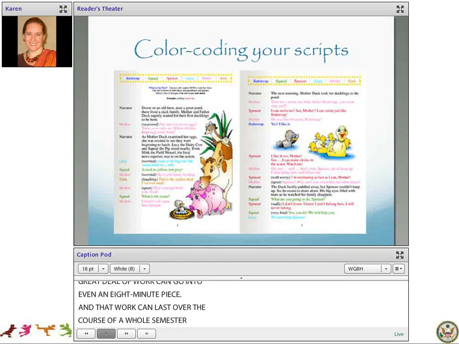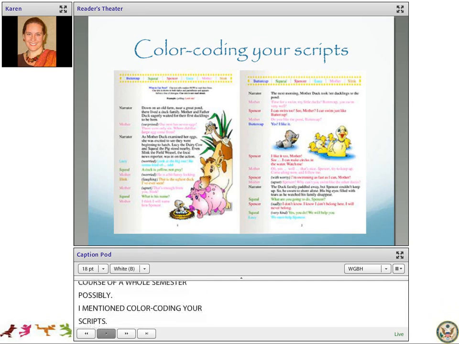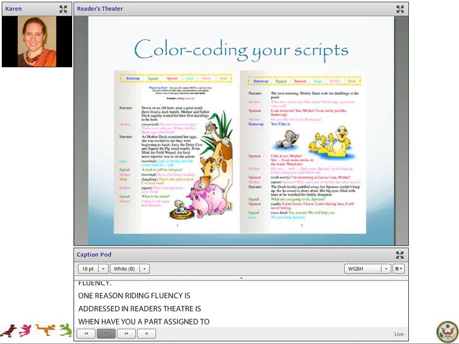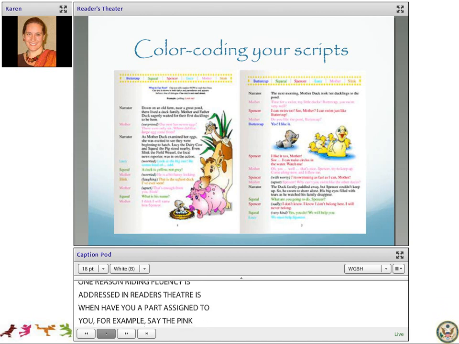I mentioned color coding your scripts. There are some websites that offer pre-coded scripts so that they're easier to scan. Here's where I'll dive back into the argument that Reader's Theater promotes reading fluency. One reason is that when you have a part assigned to you, for example, the pink part in this particular script, I know the script isn't very visible, but you can see the colors.